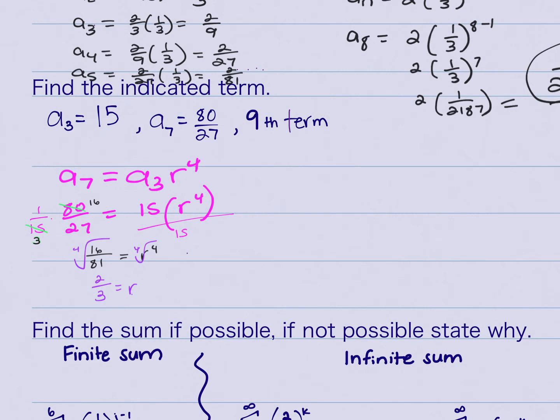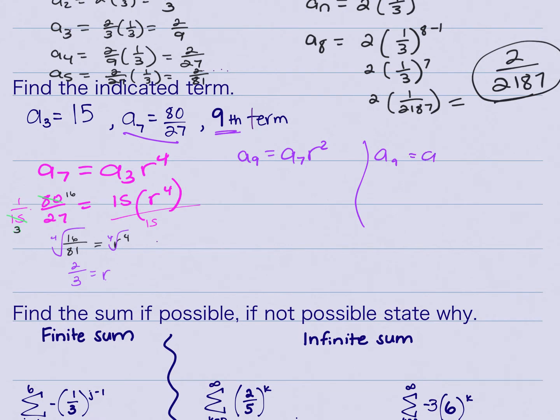Now a_n would equal a_1, which I don't even need. I'm looking for the 9th term. So I can go from the 7th term: a_9 equals a_7 r to the 2nd, or I could say a_9 equals a_3 r to the 6th. You could use either one.